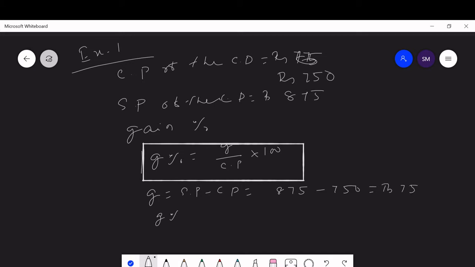Then the gain percentage is equal to gain amount upon CP into 100, which is 75 upon 750 into 100, which is equal to 10%. The gain percent here is 10%. Let us discuss some more examples.